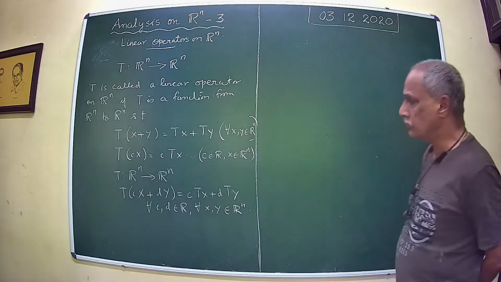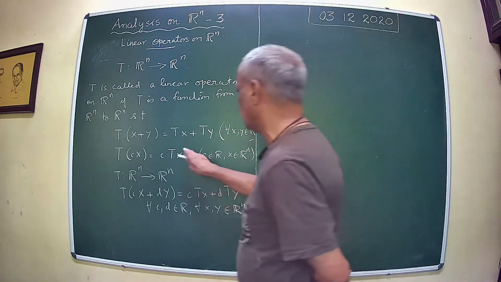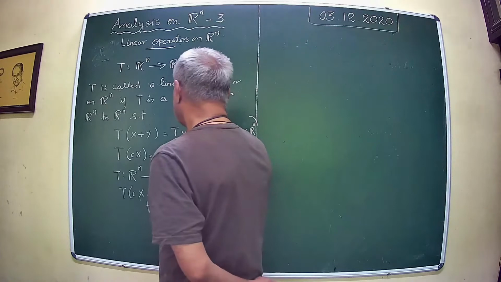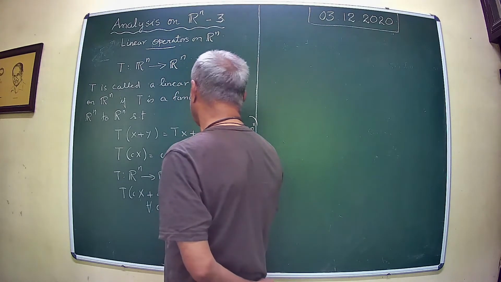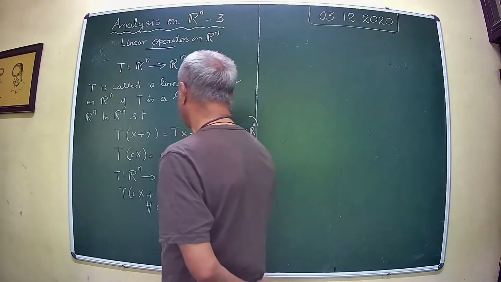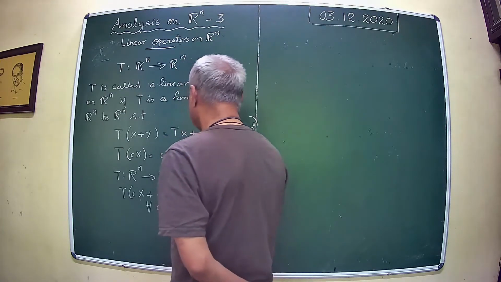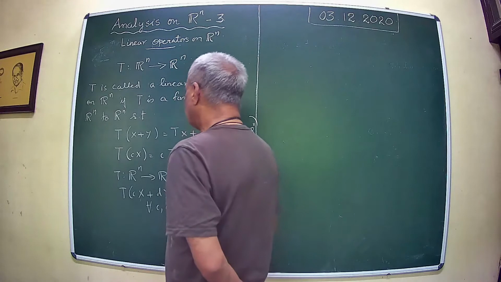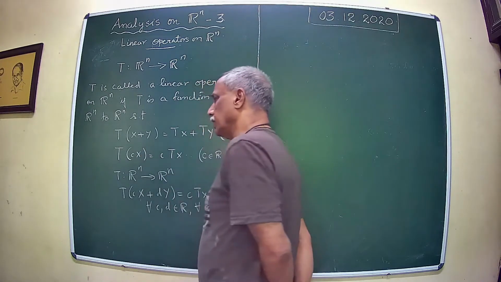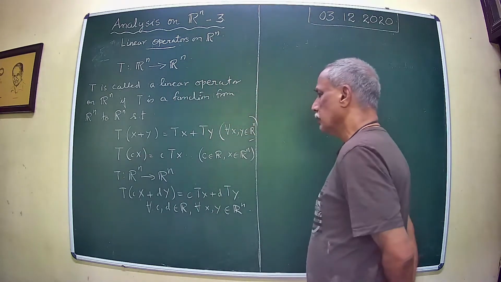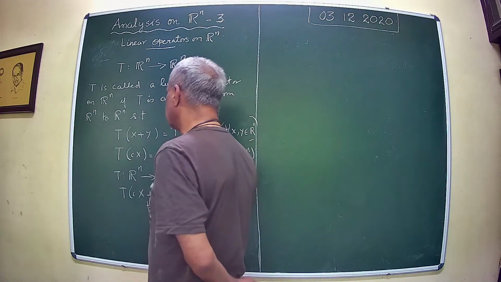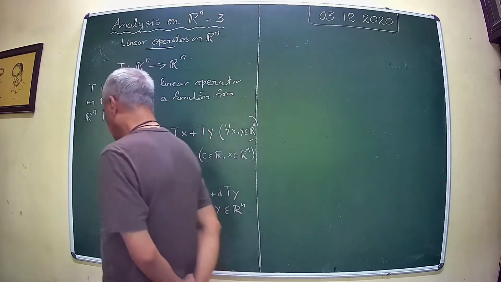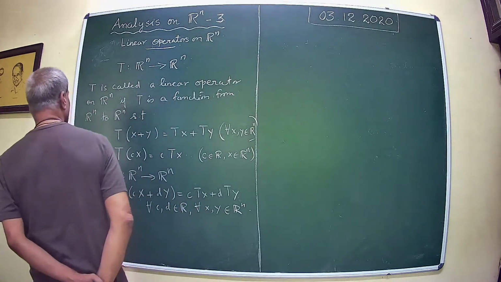Now clearly you see that this is well defined because T is a map from Rn to Rn, therefore Tx is in Rn, Ty is in Rn, and the sum of these two vectors is well defined. So the image of x plus y is Tx plus Ty, and the image of cx is c times Tx. Now these are the requirements. Then you say T is a linear operator.